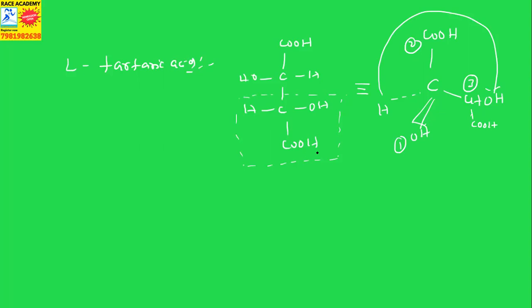So the configuration at the center is specified by the symbol R or S. Here this is nothing but R as the configuration symbol. And when you change this one to another configuration, how will the structure be? It is COOH, and with two rotations of the tetrahedral mode we will see HOH, and this is OH, this is COOH.